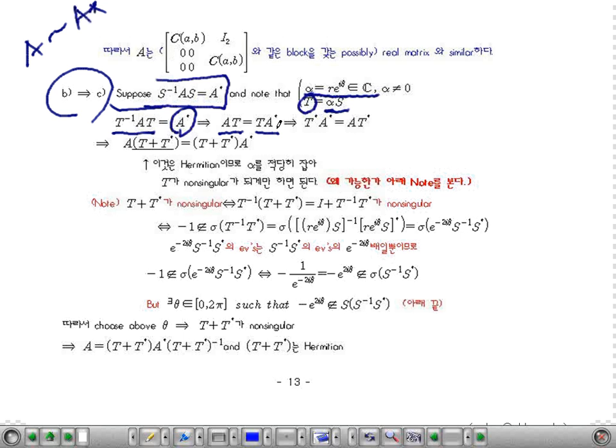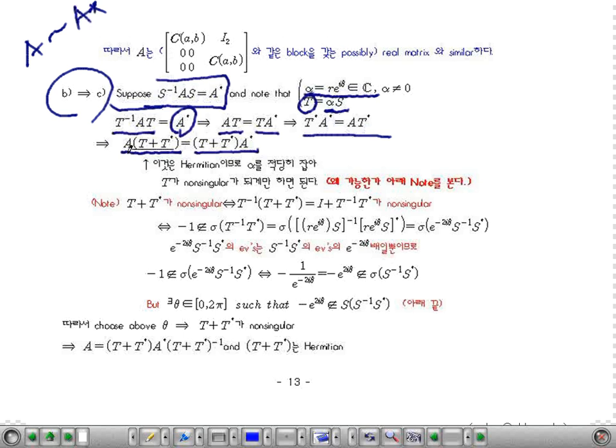So we have A T is equal to T A star. If we take the conjugate transpose on both sides, then we have T star A star is equal to A T star. Here, A times (T plus T star) is the same as (T plus T star) times A star.